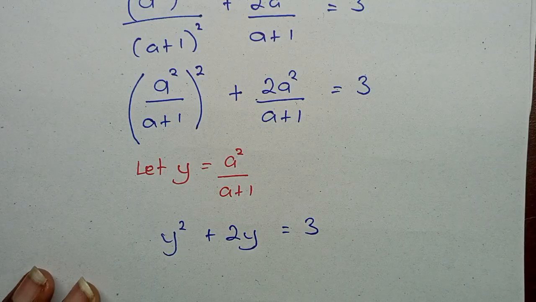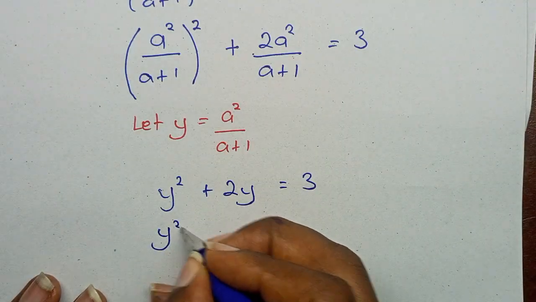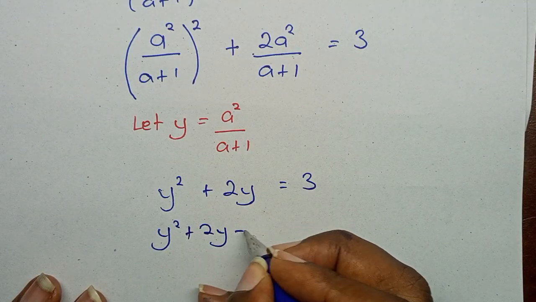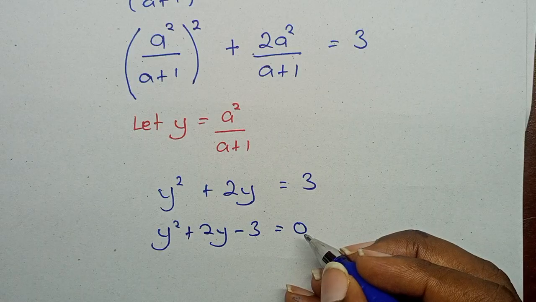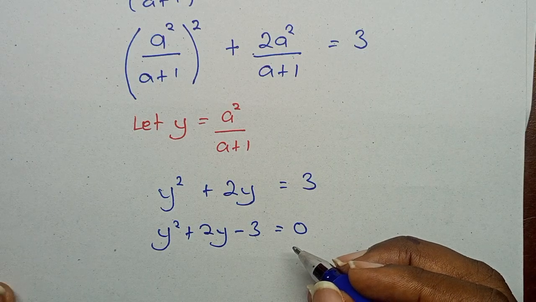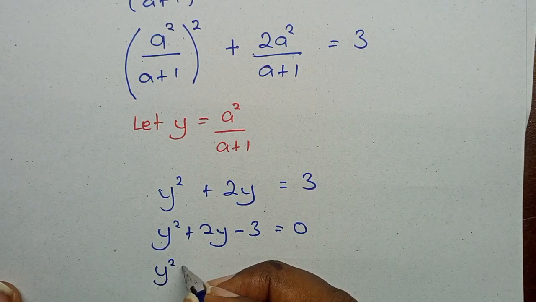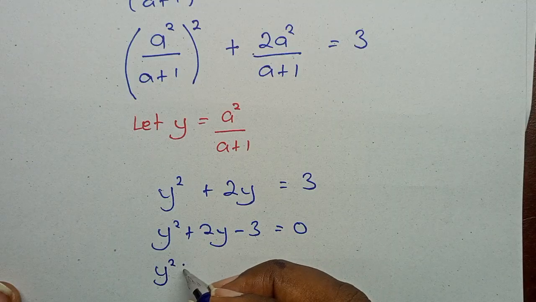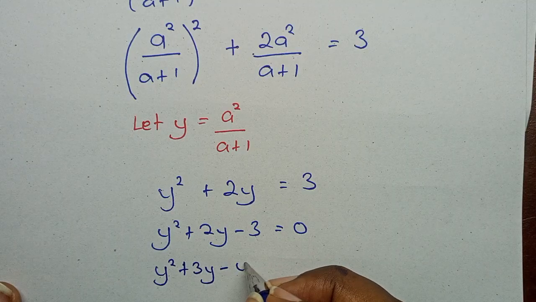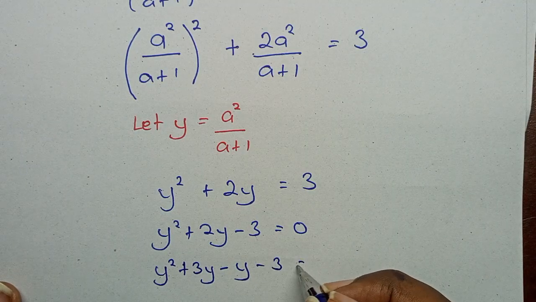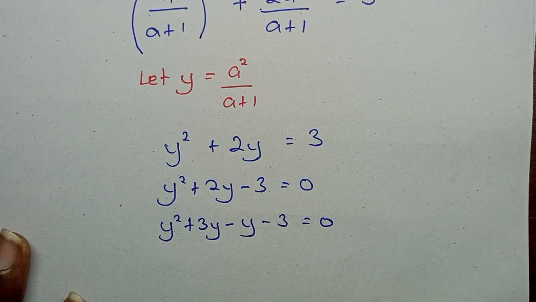So we bring this 3 to this side. We shall have y squared plus 2y minus 3 is equal to 0. So we have y squared, 2y is the same as plus 3y minus y. So minus 3 is equal to 0.